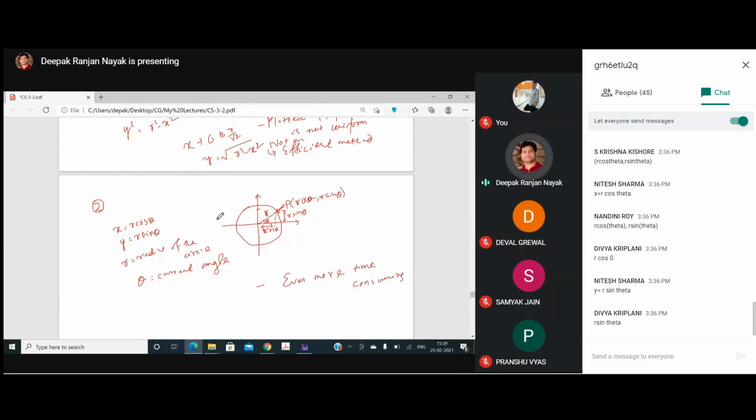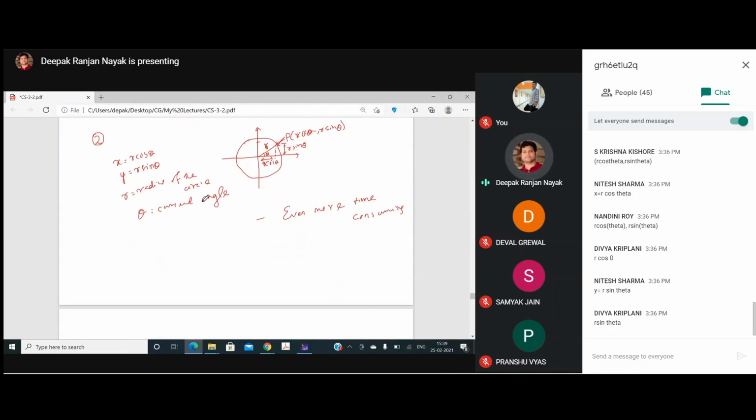That is why there are algorithms for drawing circles, which are called Bresenham's circle drawing algorithms. Then we'll see what the midpoint circle algorithm is. Bresenham's circle algorithm will try to avoid the use of trigonometric and power functions.